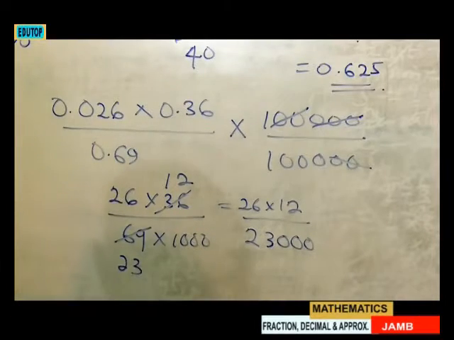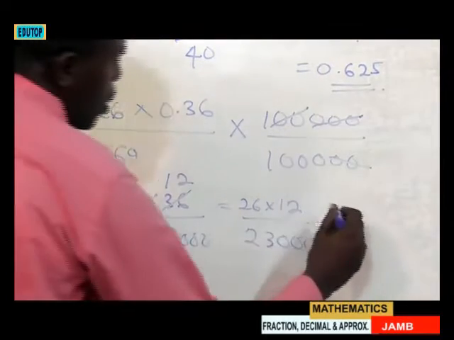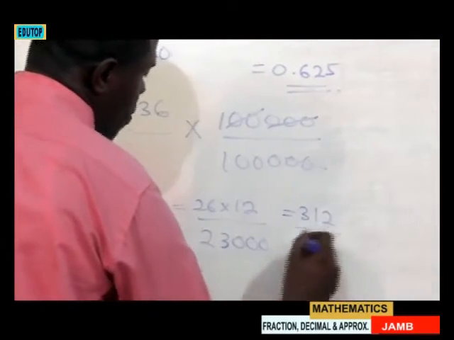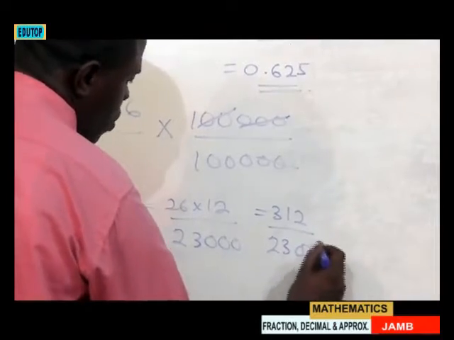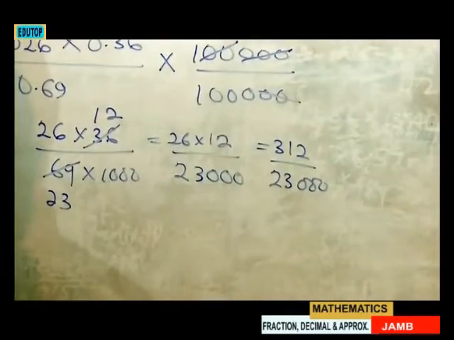26 times 12 gives 312, divided by 23,000.